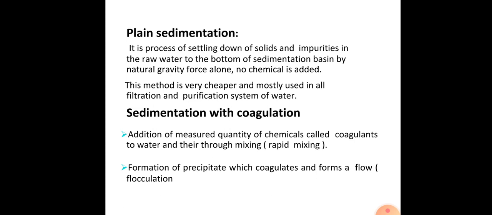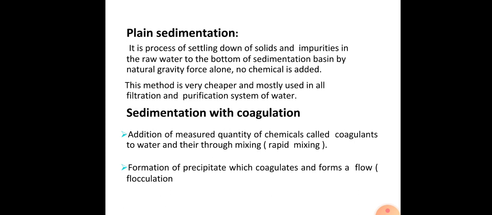When it comes to sedimentation with coagulation, this is mainly done when the specific gravity of the particles is less than that of water, so there will be no settlement. It is also done to remove the colloidal particles present in water. In this case, we add a measured quantity of a chemical, which we call a coagulant, to the water, and it is mixed thoroughly.